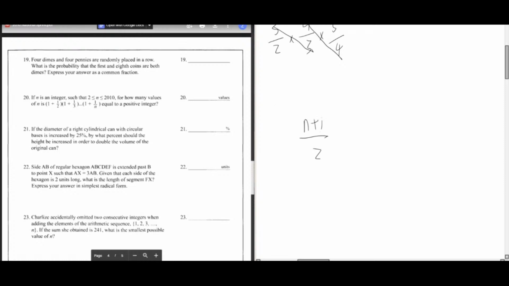So we're basically looking to make this an integer. So n plus 1 has to be even. So n plus 1 has to be 0 mod 2. So for n plus 1 to be even, n just has to be odd. So we're just looking for how many odd numbers there are between 2 and 2010.